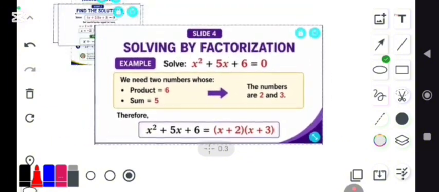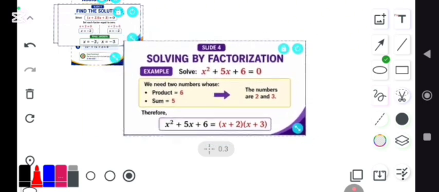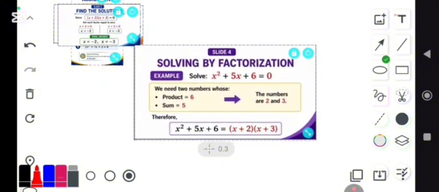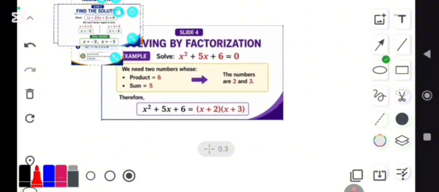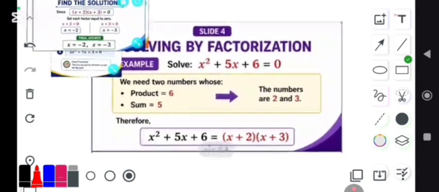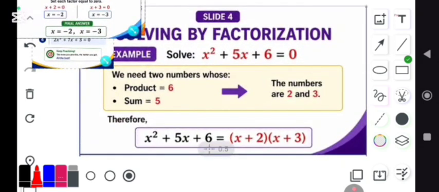First of all, their product must give us 6, our constant, our C here. We are looking for two numbers whose product will give us our C.